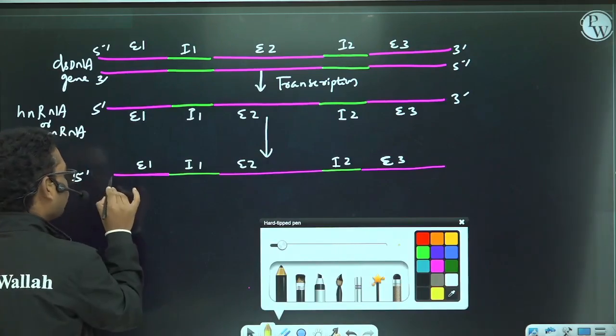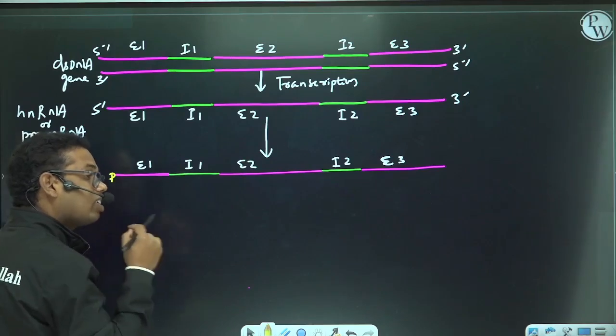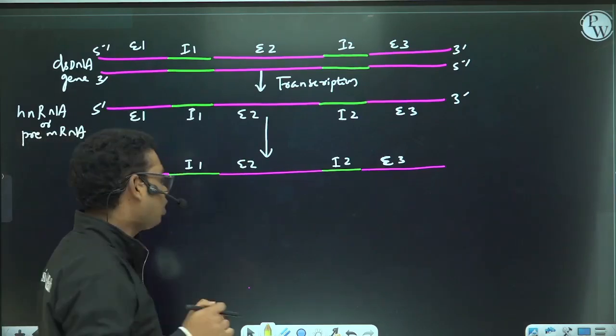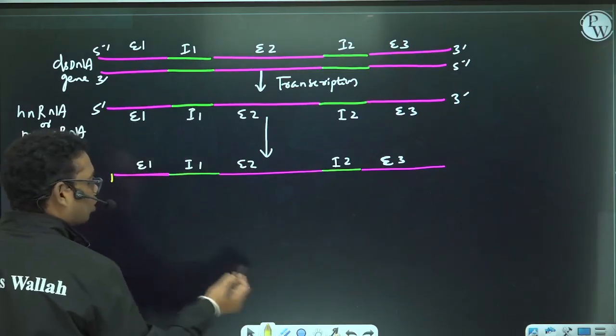One phosphate is already present, and GTP will come and bind, and the guanosine will have a methyl group. So here the cap will be formed.